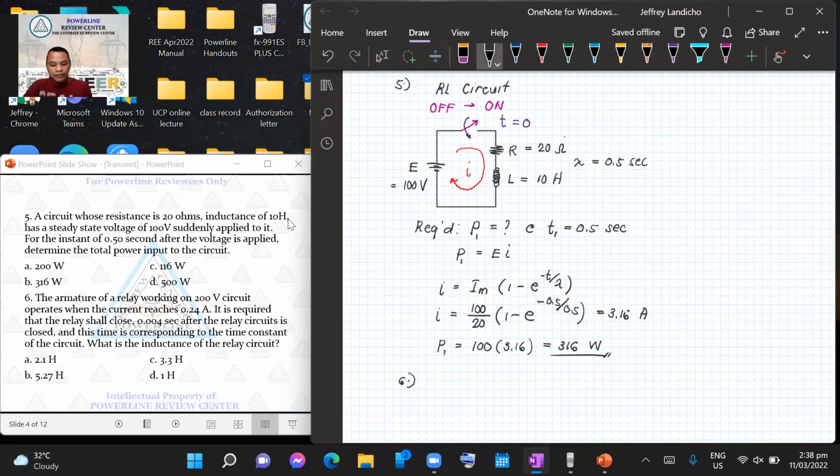Number 6: the armature of a relay working on a 200-volt circuit operates when the current reaches 0.24 ampere.